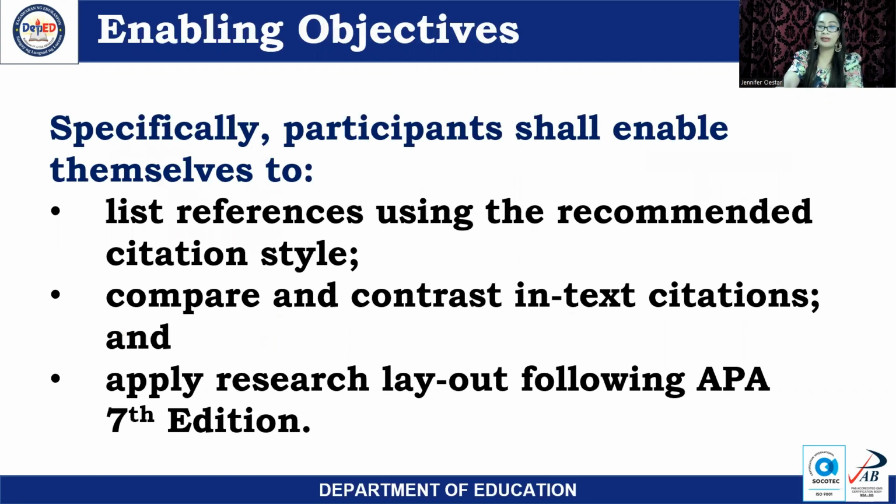For our enabling objectives, specifically, participants shall enable themselves to first, list references using the recommended citation style, compare and contrast in-text citation, and apply research layout following American Psychological Association 7th edition formatting.